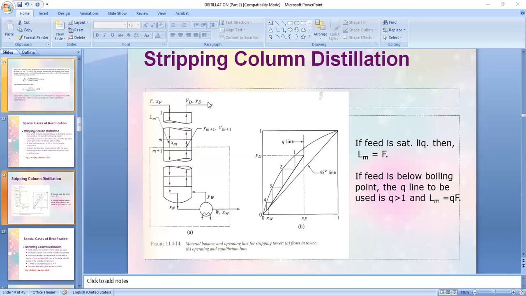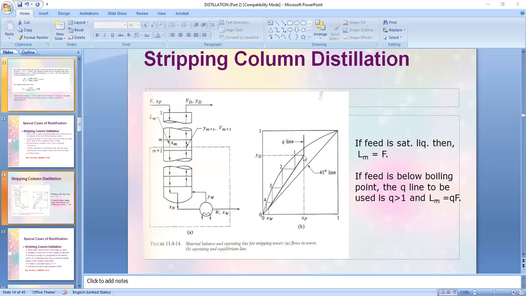So your y sub D, which is the mole fraction of the more volatile component in the vapor, which is also equal to the mole fraction of the more volatile component in the distillate, will be projected from the vertical axis here horizontally on this vertical line, which is your feed line.